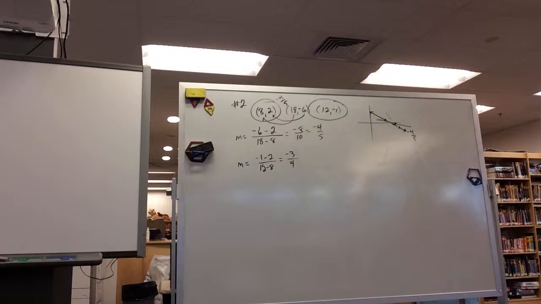Okay, question 3. Some of you did question number 3. Who can explain what they did with that? Exactly, yeah, just put the numbers into the formula y equals mx plus b.